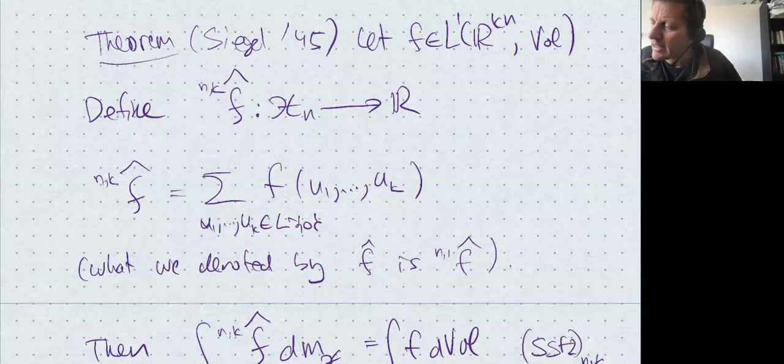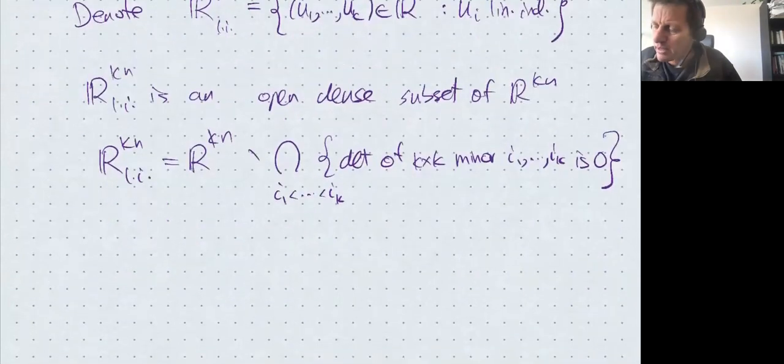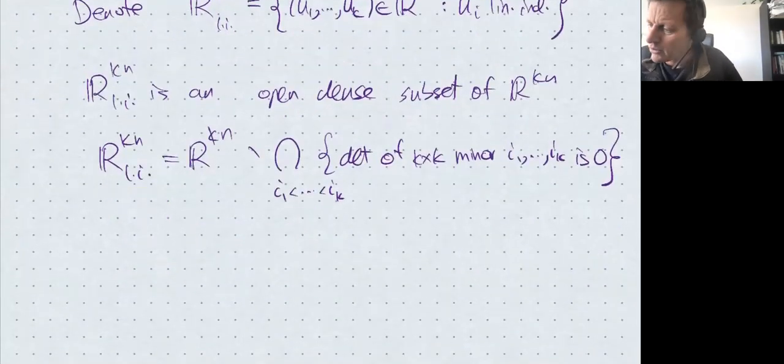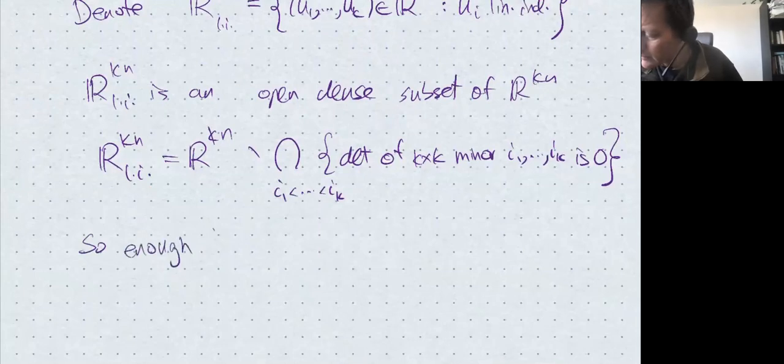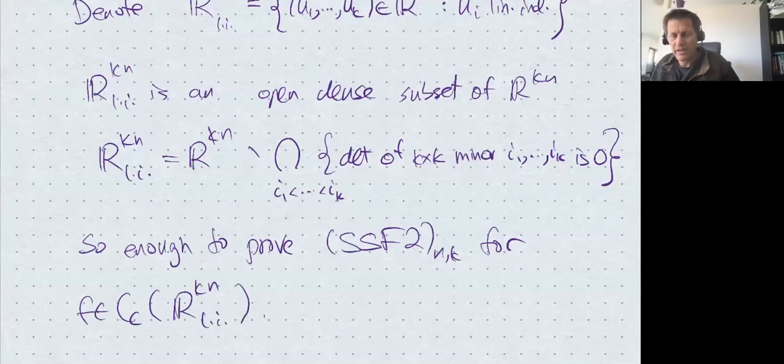A dense collection in L1 would be compactly supported functions on this space. So it's enough to prove this formula for functions which are supported on a compact set contained in this set of linearly independent k-tuples.